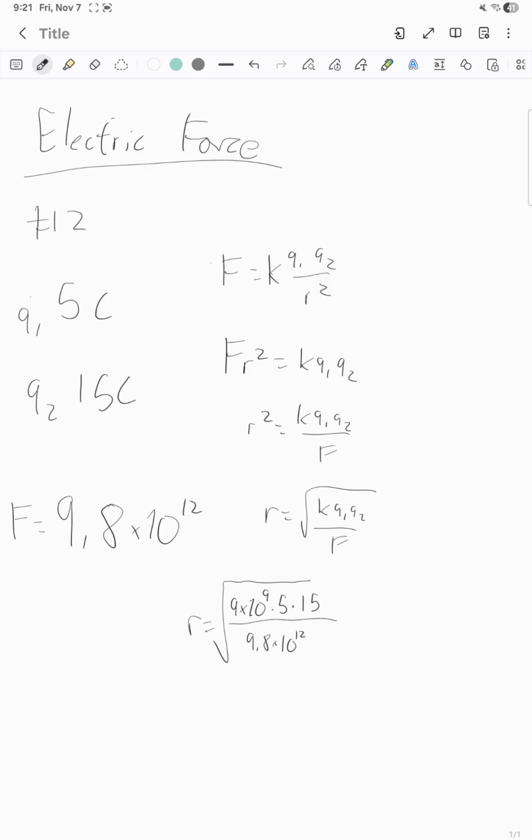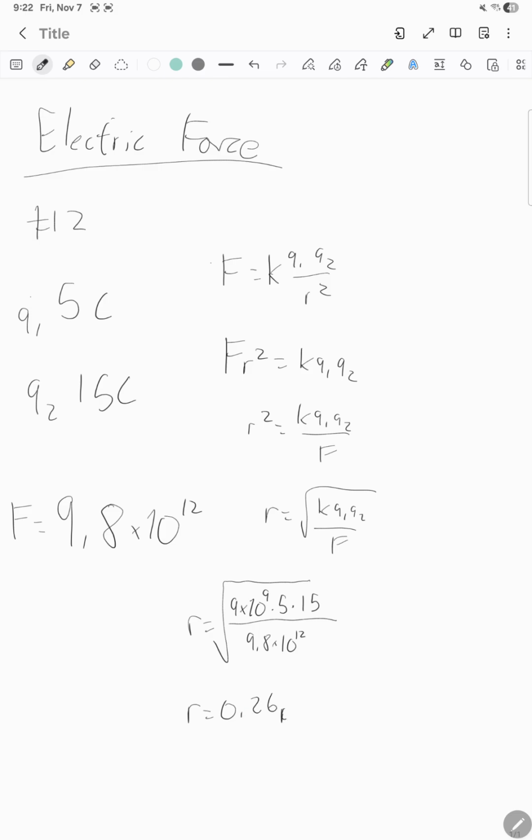You'll have 10 to the power of 9 multiplied by 9, and then times 5, and then times 15. And then we'll divide by our force, which is 9.8 times 10 to the 12. And then we take the square root of that.